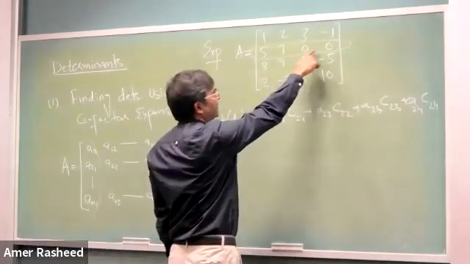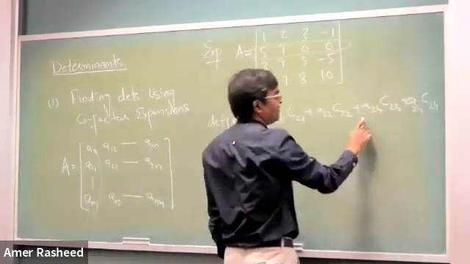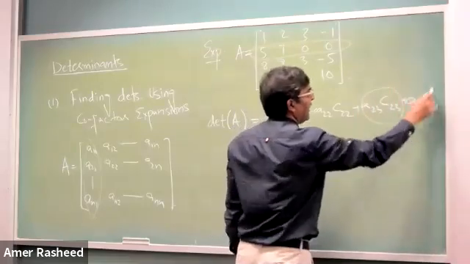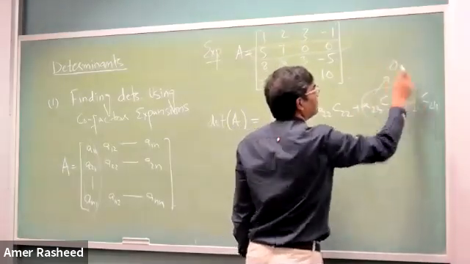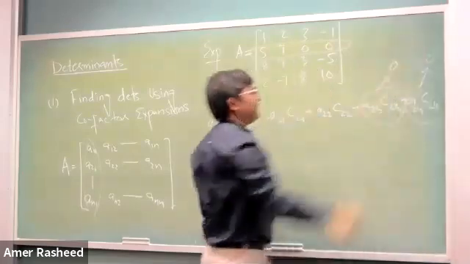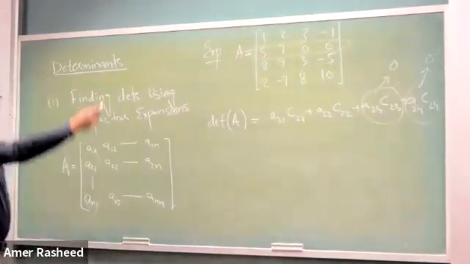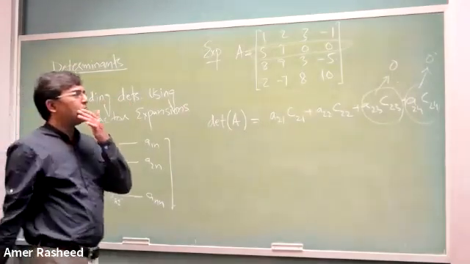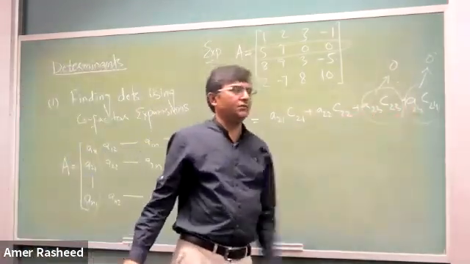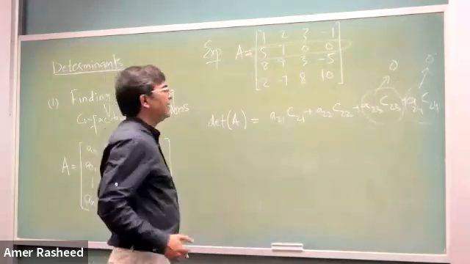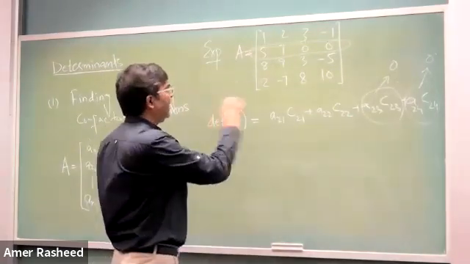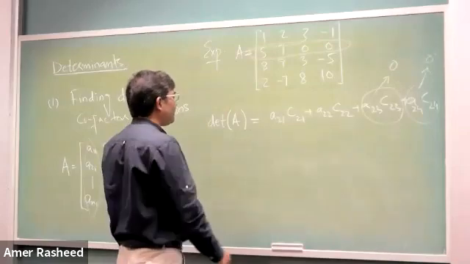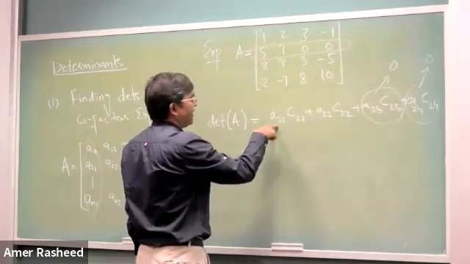Because you can see that the third and fourth entries are already 0. So those two terms will obviously be 0, because the coefficient element is 0 here. So we don't need to compute those cofactors. You have to act wisely in order to select any row or any column. So now I'm going to write a21.